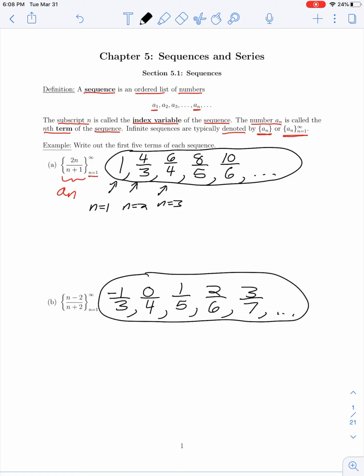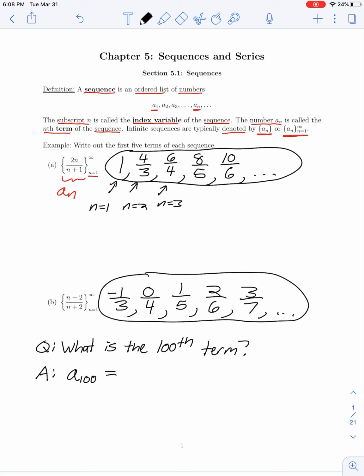Now, in general, to get a specific term for a sequence, well, we don't have to list out all the terms to get there. For instance, in part B, we could ask the question, what is the 100th term of our sequence?